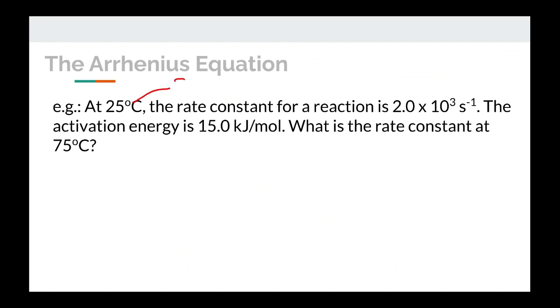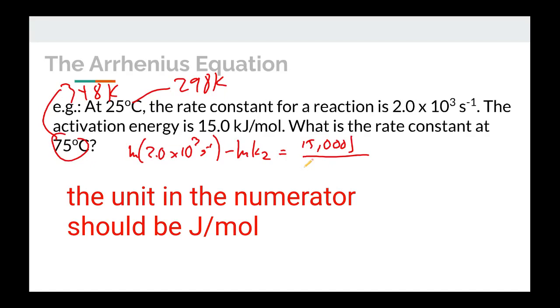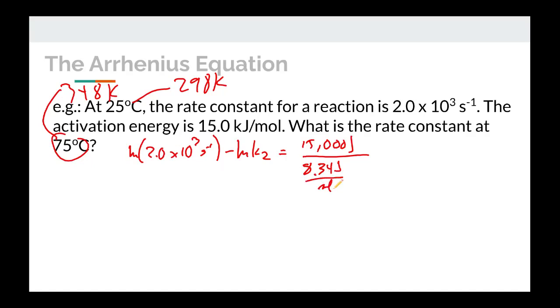Well, first of all, 25 degrees C is 298 kelvins, and we have to use absolute temperatures here. 75 degrees C is 348 kelvins. So the natural log of k1, let's call it 2.0 times 10 to the third per second, minus the natural log of k2, which is our unknown, is equal to 15,000 joules, and I'm writing it as joules to keep it consistent with the units of R, which is 8.314 joules per mole kelvin, times 1 over T1, 298 kelvins, minus 1 over 348 kelvins, that was T2.